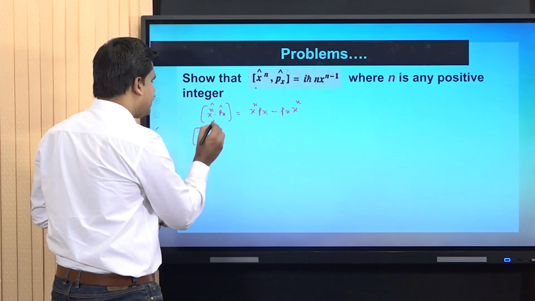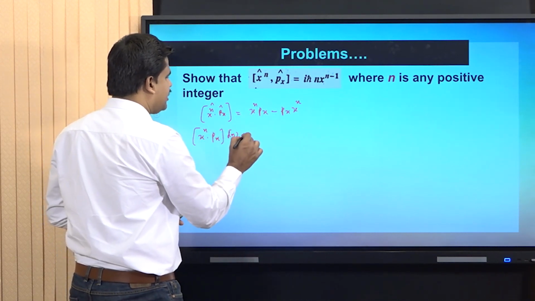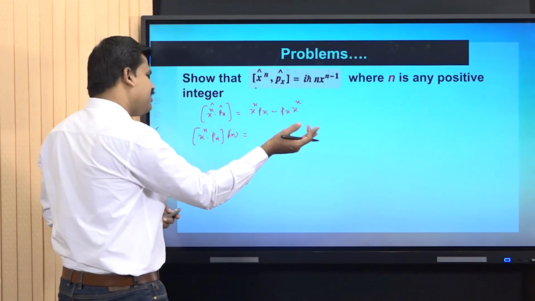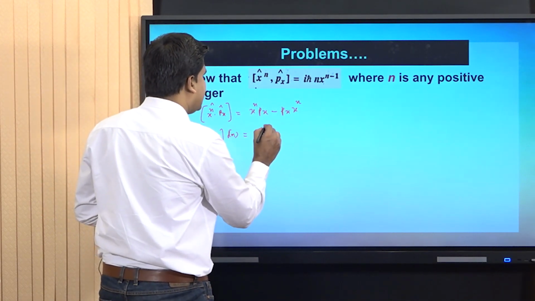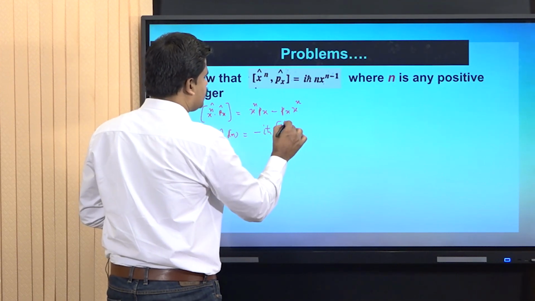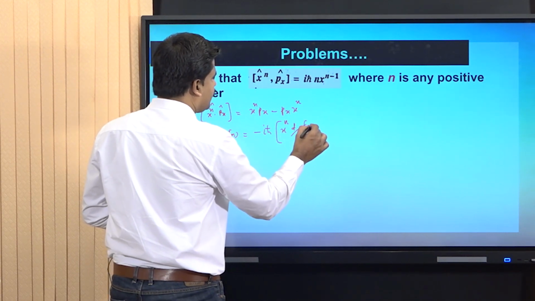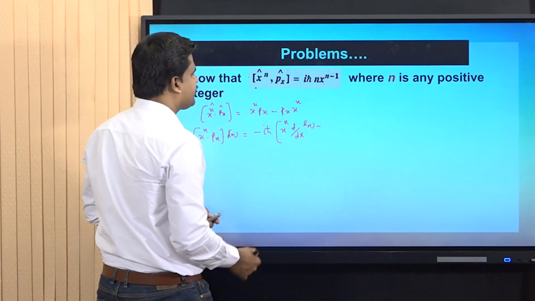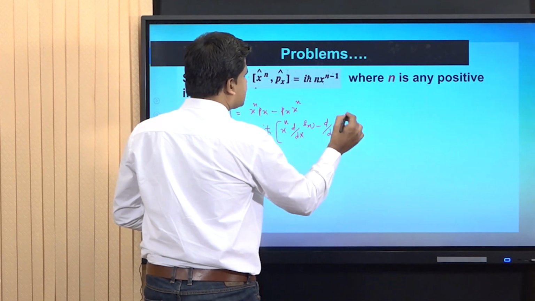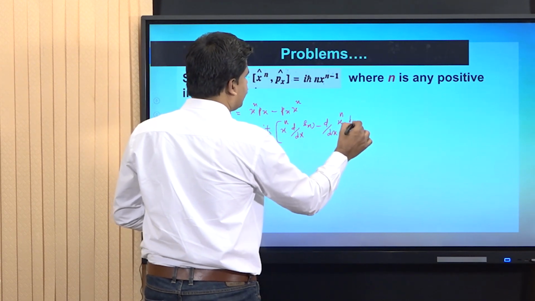X raised to n px f of x equal to, you know, px is minus i h cross d by dx. That can be taken outside the sign also. Minus i h cross into x raised to n, d by dx of f of x, minus another term, d by dx of x raised to n into f of x.